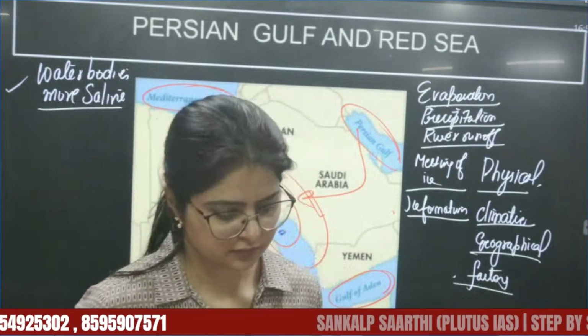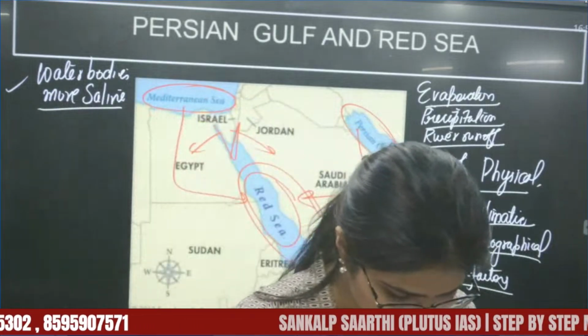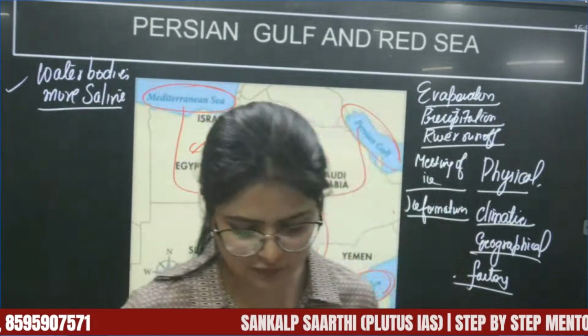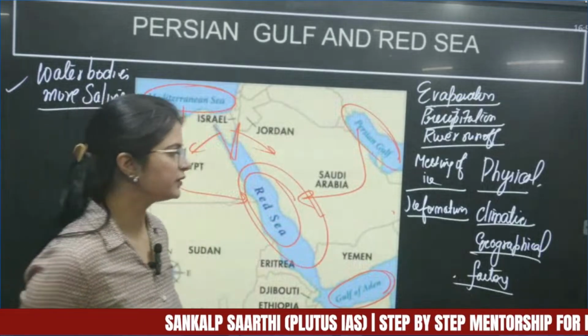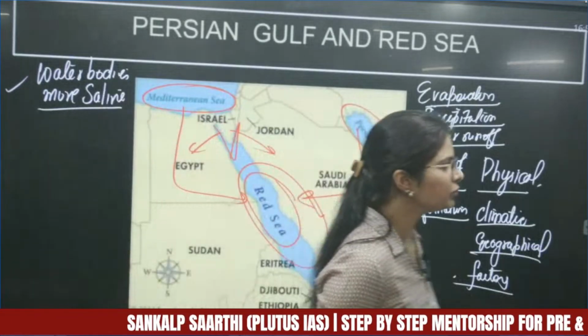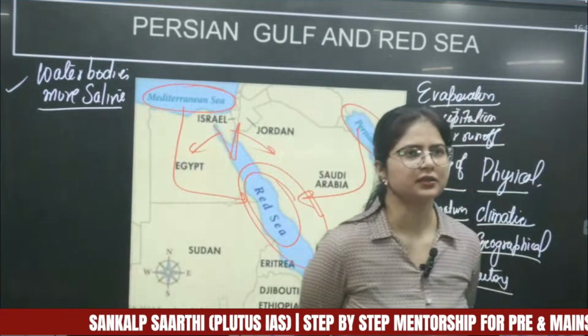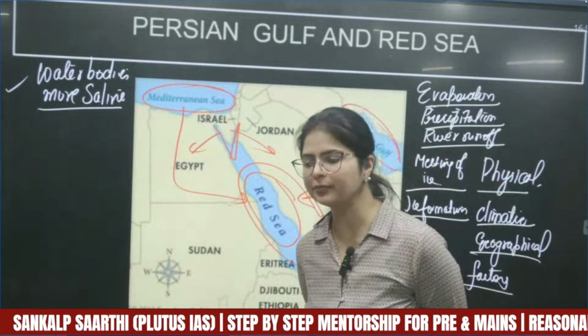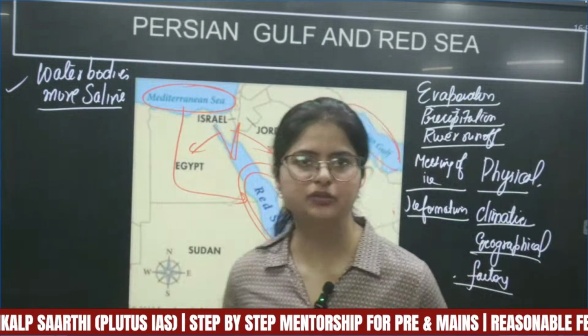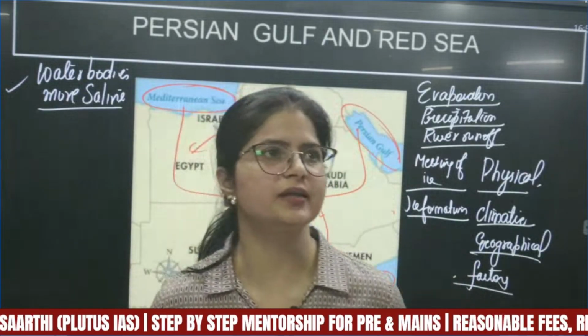Third factor, write down the third factor, river runoff. River runoff we have done already. Freshwater from rivers will get discharged into any water body. It will further dilute the salt concentration. So will the salinity level decrease or increase?